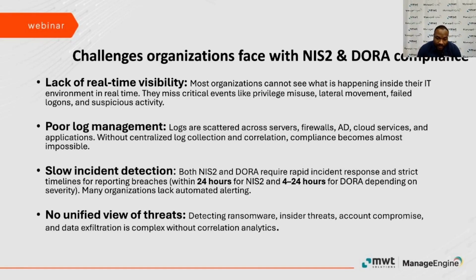As we all know, NIS2 and DORA, part of the requirement is reporting of incidents. And with NIS2, you have 24 hours to report every incident that happened in your infrastructure. And DORA gives you a 4 to 24 hours time limit for you to be able to report that incident.